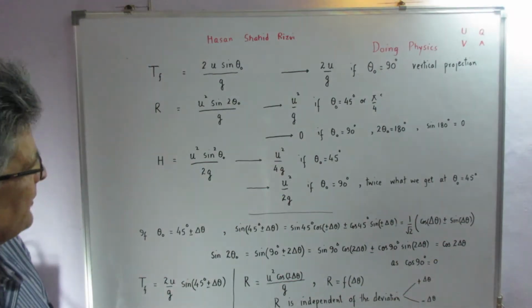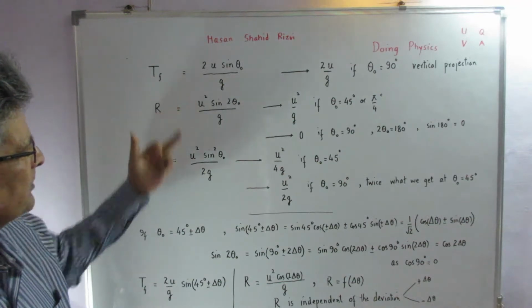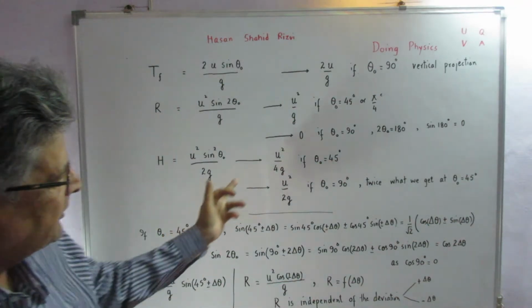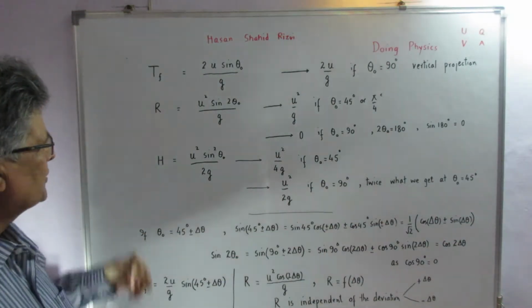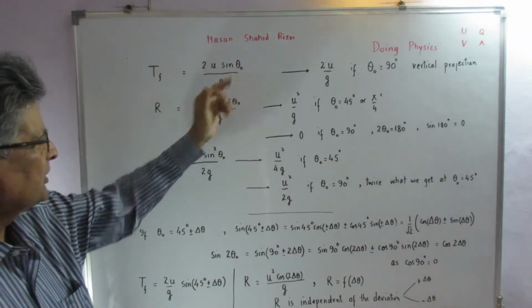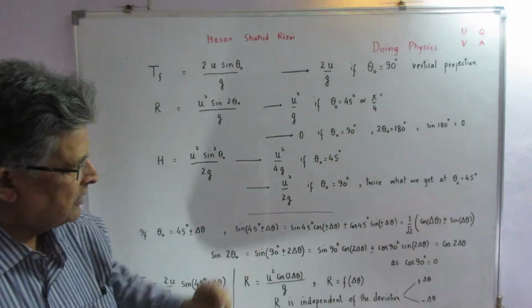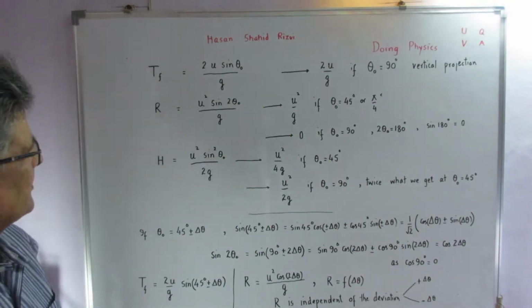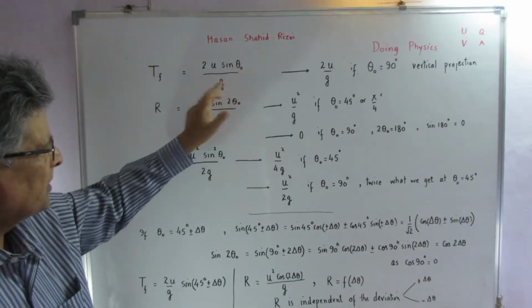So we have a bit of discussion about the various formulae that we obtained for the projectile motion. When the projectile was projected with an angle of theta 0, the total time of flight we obtained, Tf, was equal to 2u sine of theta 0 upon g.